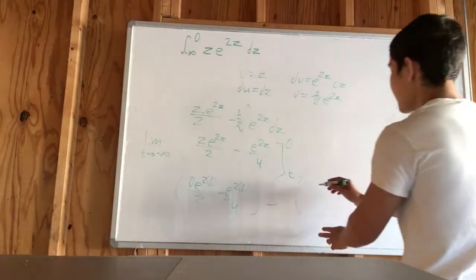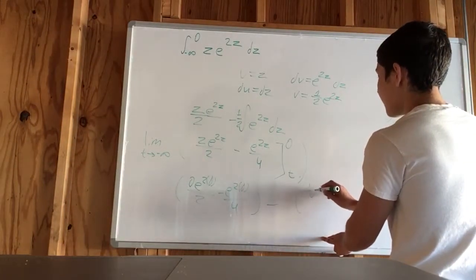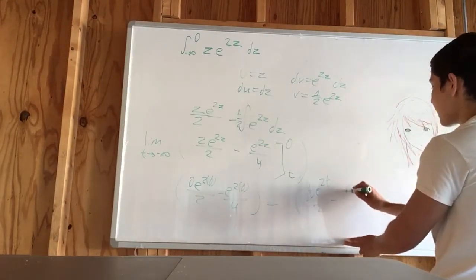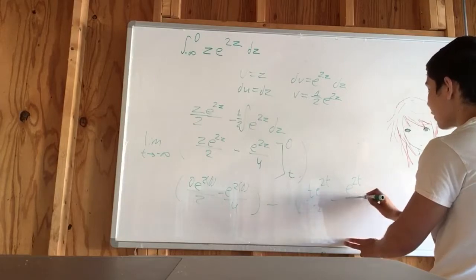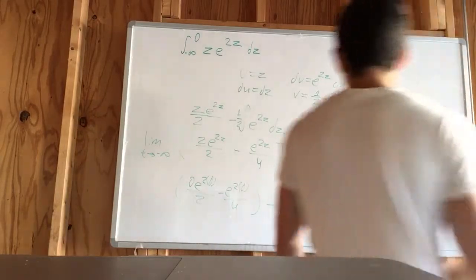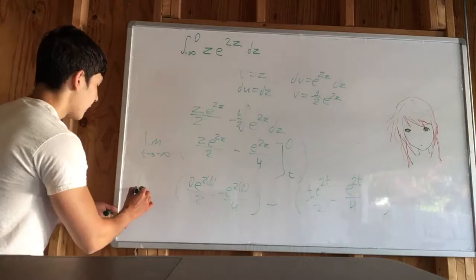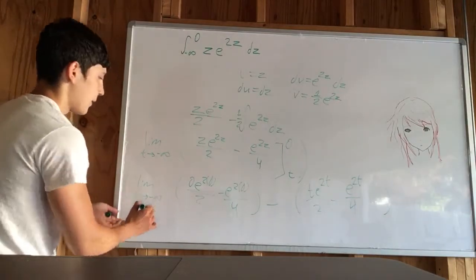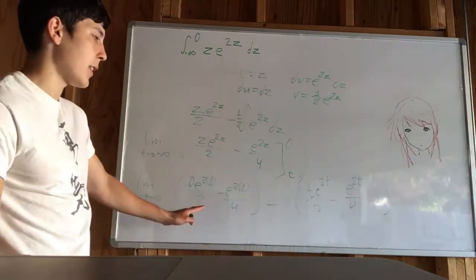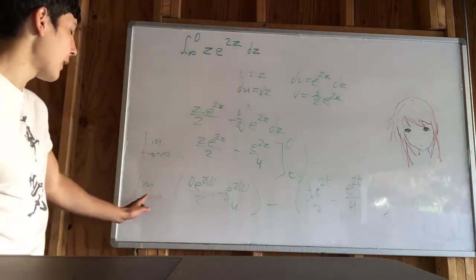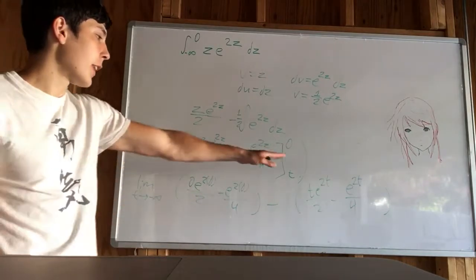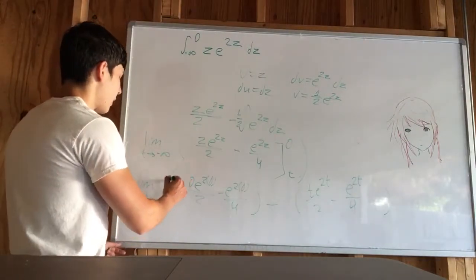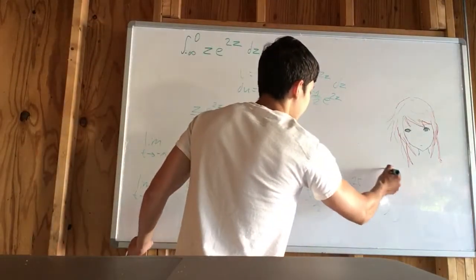And the one in which we have t, we have t e to the 2t over 2 minus e to the 2t over 4. And we're letting the limit as t approaches negative infinity go on this thing. So this one doesn't even have t's, so it doesn't really matter that we're taking the limit as t approaches negative infinity. Over there, it really does matter. So you could write it over here, or it's really being applied to this entire thing.